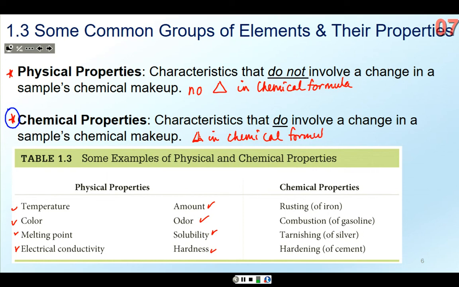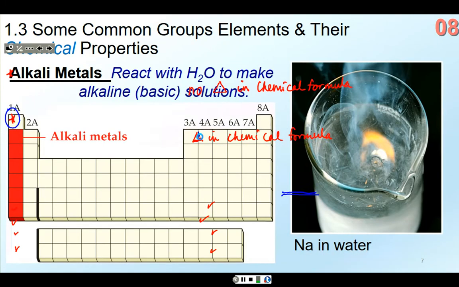So what changes a chemical formula? Chemical changes do. Chemistry is going on when you rust something, when gasoline is burned, when something tarnishes because it's been exposed to air like silver does, or hardening of cement, interestingly, is a chemical change. Some folks are more familiar with some of these examples than others.